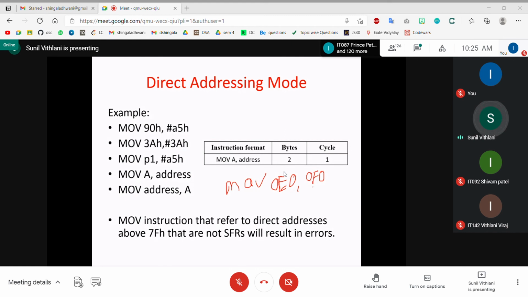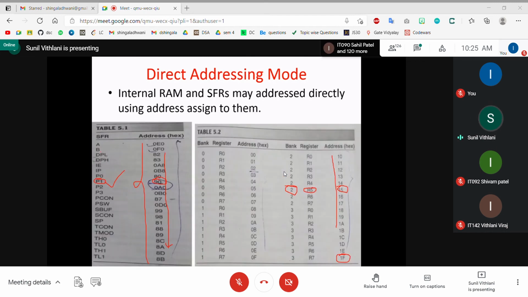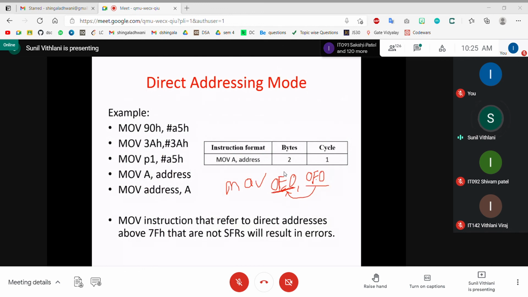So you have to write like this. So whether this is a correct instruction or not, for that what you need to check is F0 to E0. So F0 will be the address of register B and E0 is the address of register A. So it means that we are transferring data from B to A. B से हम data A में transfer कर रहे हैं. So this is about the direct addressing. Okay, are you getting it?